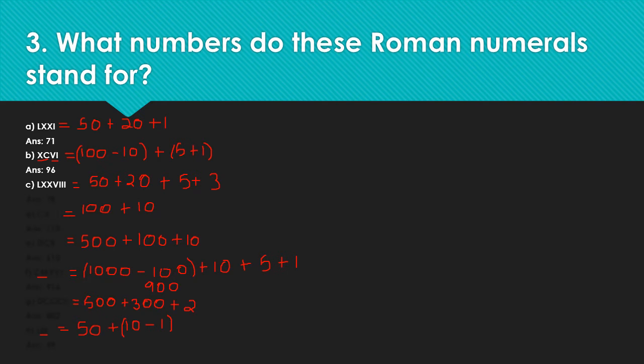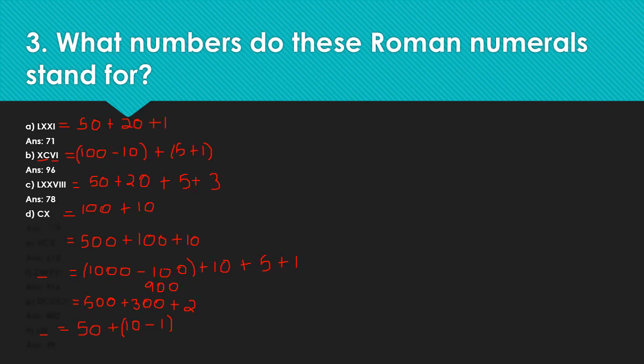So 2 times X is 20 plus V is 5 plus I. 3 I's are given. So I stands for 1. So 3 times 1 is 3. Now add this number, 50 plus 20, 70. 70 plus 5, 75, plus 3. You will get the answer is 78.